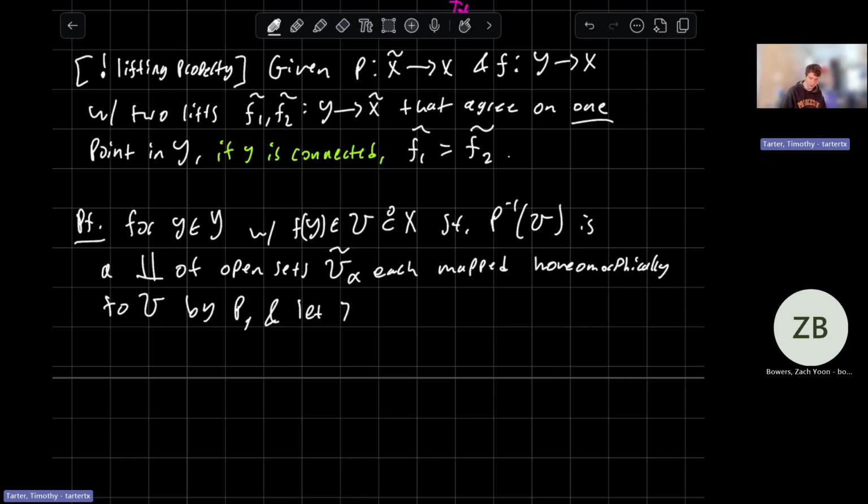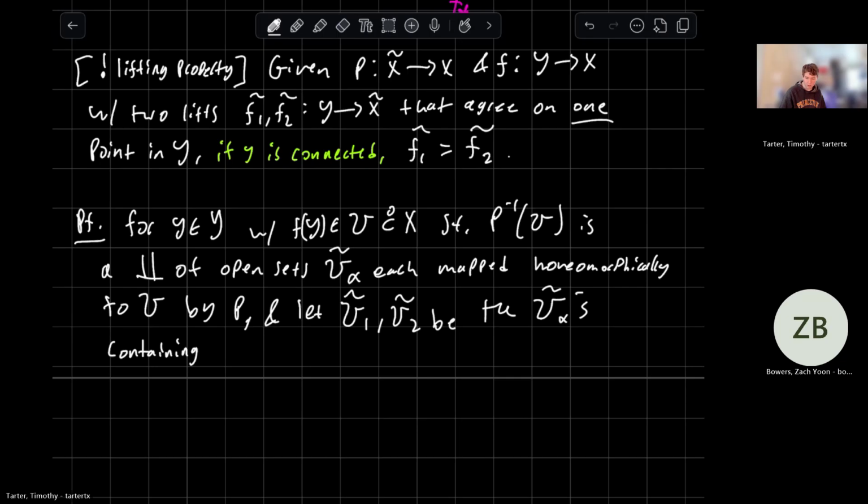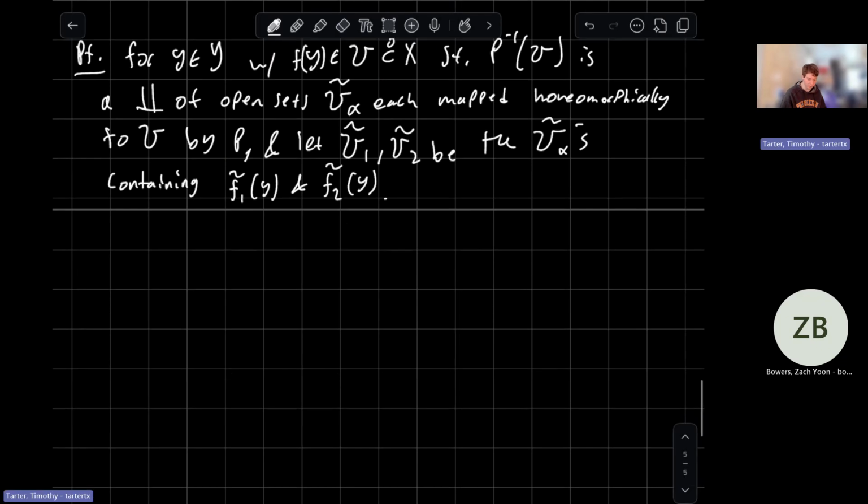And let U1, U2 be the U alphas containing F1 of y and F2 of y, respectively.